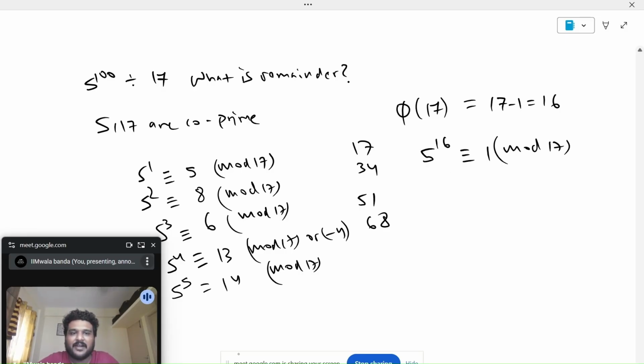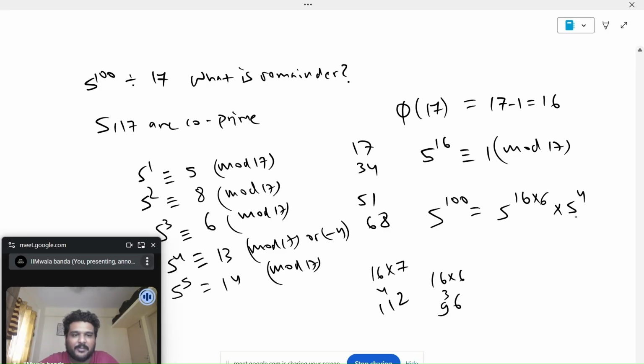Now let's write 5 to the power 100 in cyclicity of 16. That's the entire logic. 16 into 6 is 96, so 5 to the power 100 is 5 to the power 96 into 5 to the power 4.